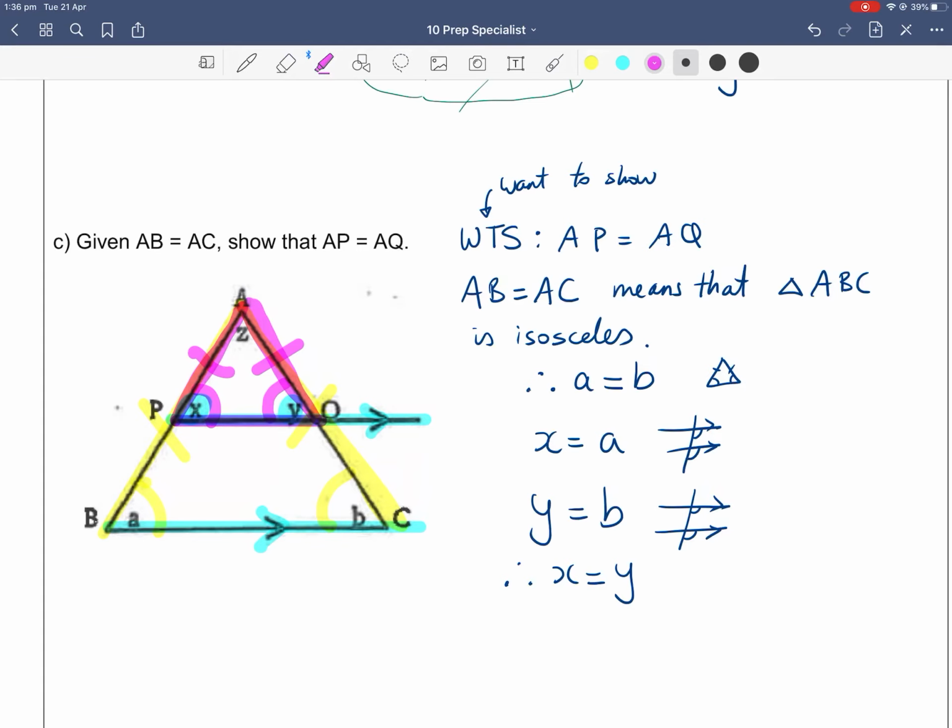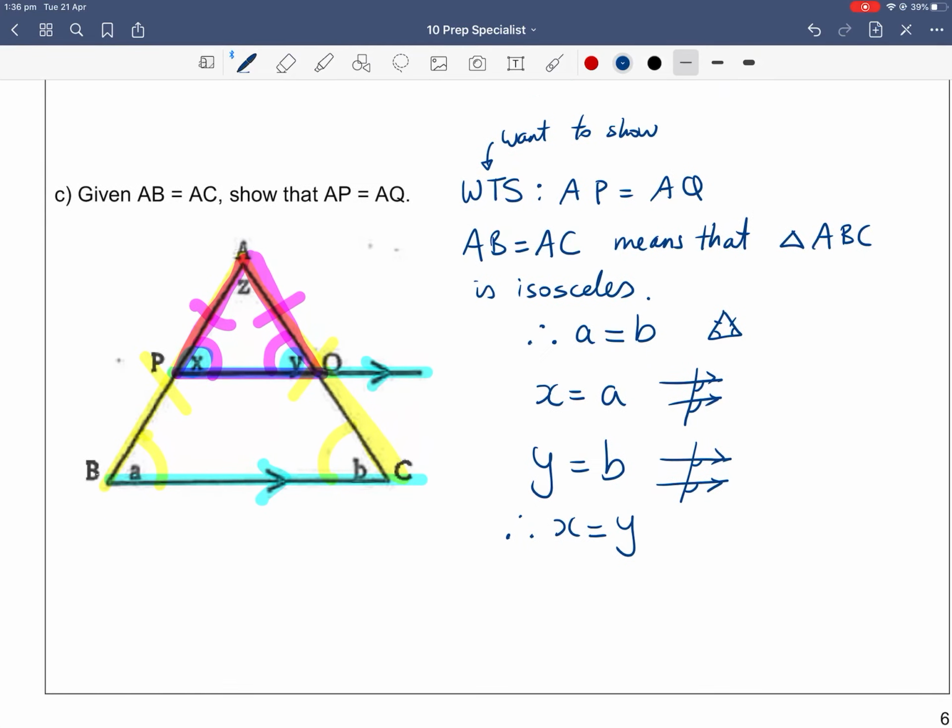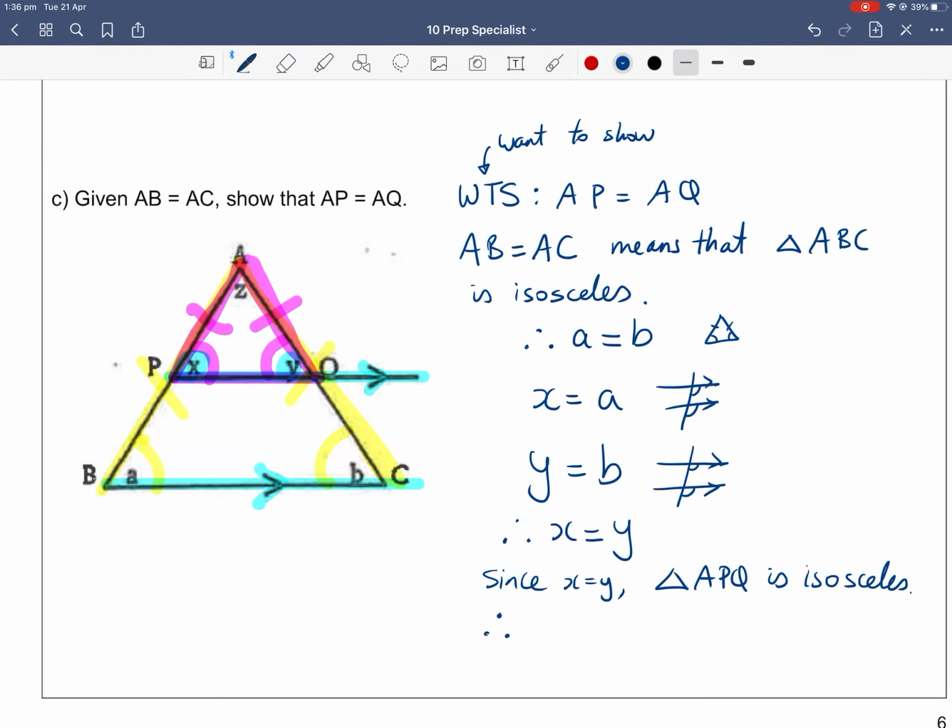So since X equals Y, triangle APQ is an isosceles triangle. Because isosceles triangles have the same side length, AP is equal to AQ because of the isosceles triangle rule.